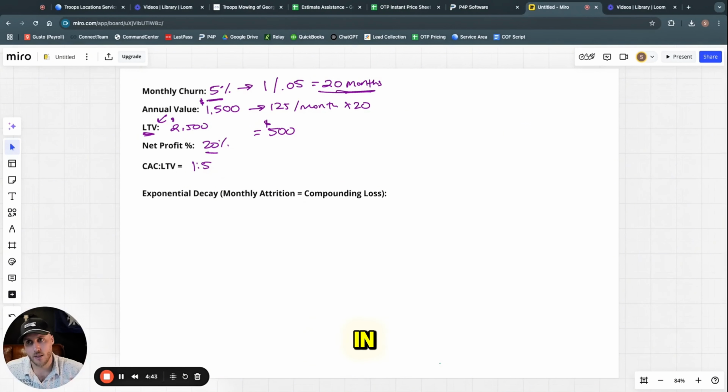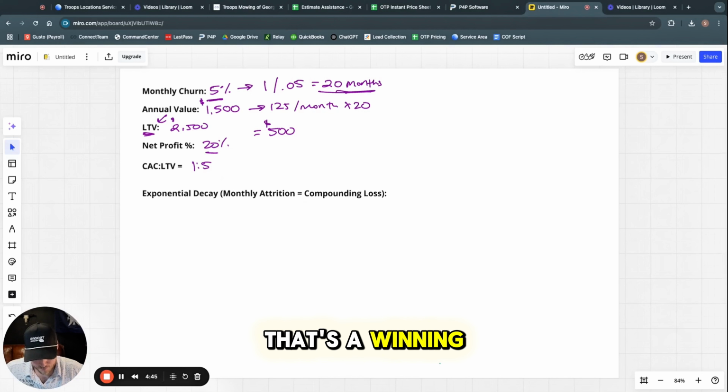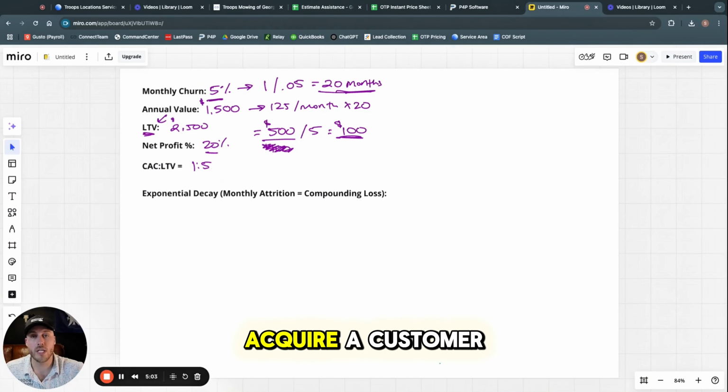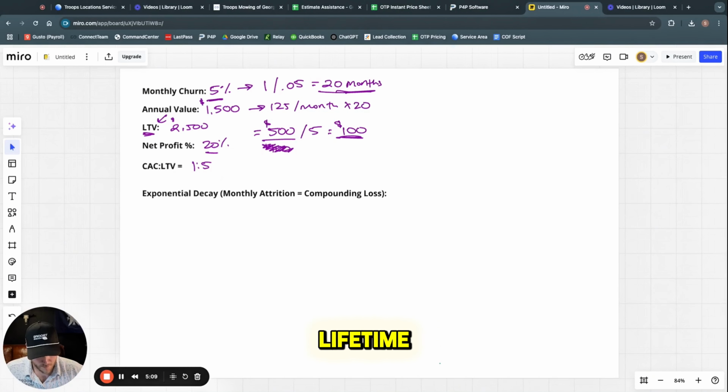So for every $1 you put in, $5 comes back. That's a winning formula. So if we take 500 divided by 5, that gets us 100. What that tells us is we can feel comfortable, if these were our metrics, spending $100 to acquire a customer, because we know on the back end that customer is going to get us $500 over the lifetime that they spend with us. So that's a winning formula.